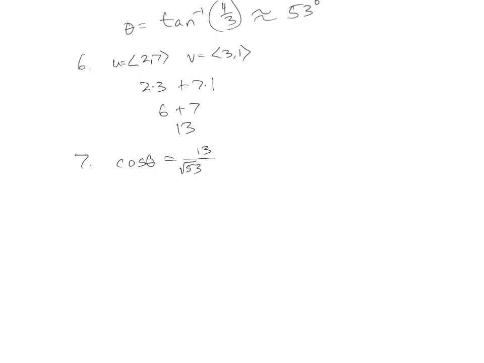And the magnitude of v is 9 plus 1, no, 3 squared plus 1 squared, that's 10, the square root of 10. And then you take the arc cosine of that value. Or if you figured out what those were on your calculator, 23.02 I think is the bottom, the square root of 530. And then you do the arc cosine to get theta by itself, and that's 55.6 on your calculator. Make sure you are in degree mode when you do that.